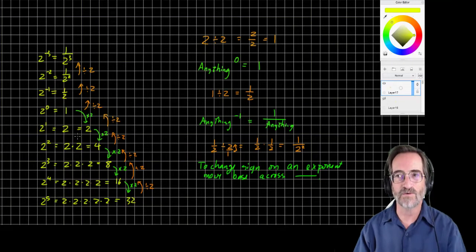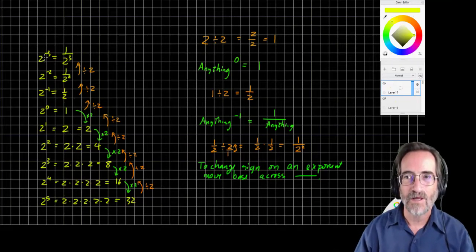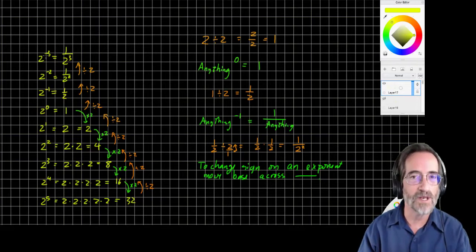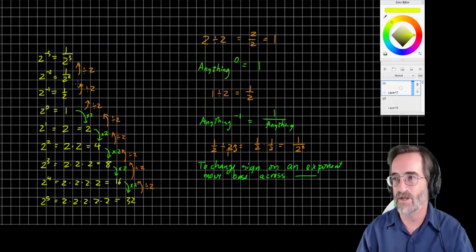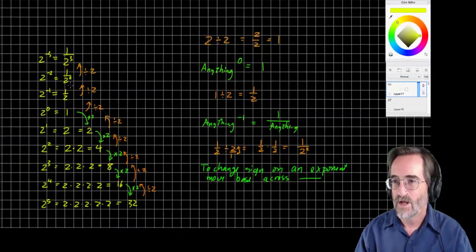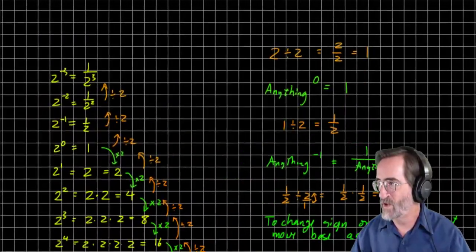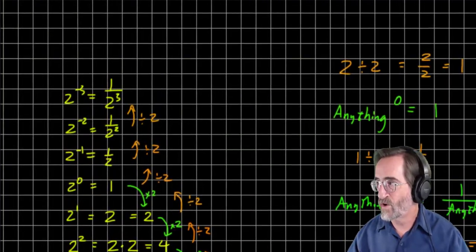And it makes sense. If raising to a power means multiplying the base, raising to a negative power means dividing the base, and we're going to write the base in the denominator. Okay, now let's do some problems here, and I want to show you practically what that means. I know I'm going a little long, so I'm going to try and be quick here.